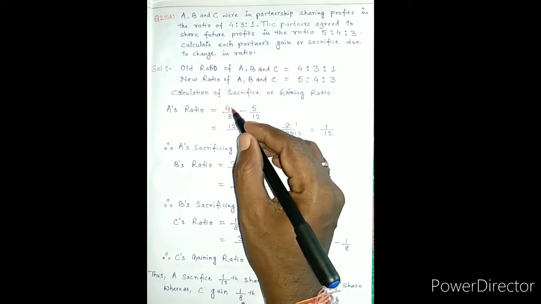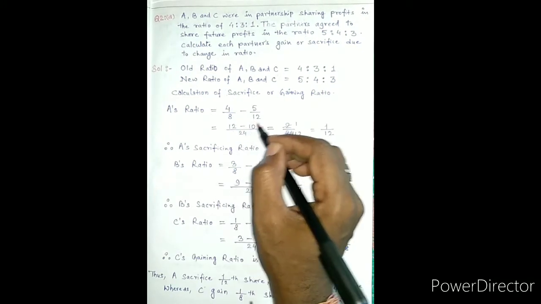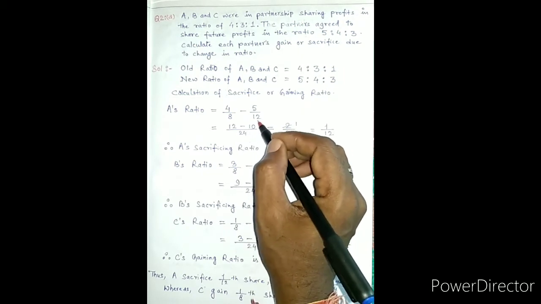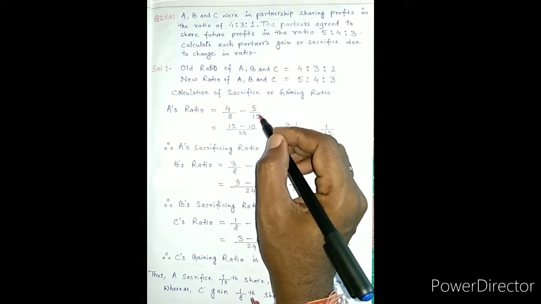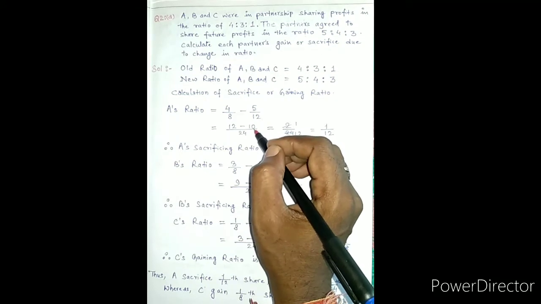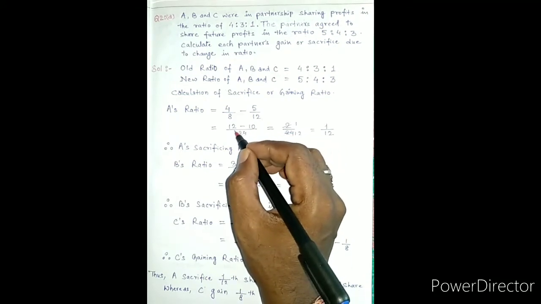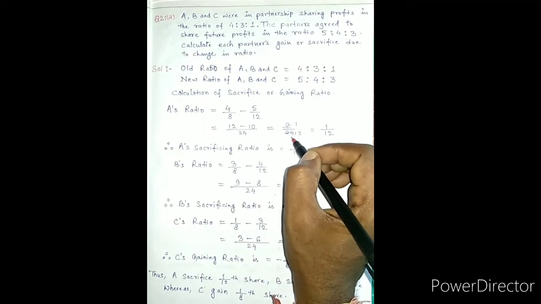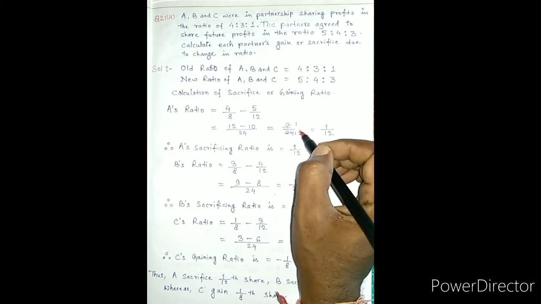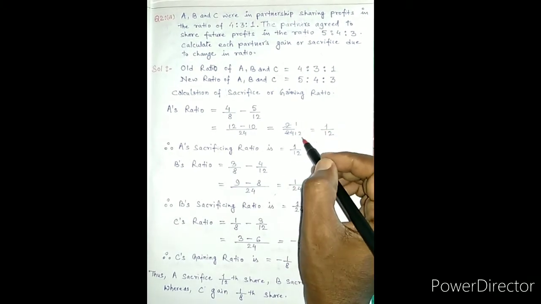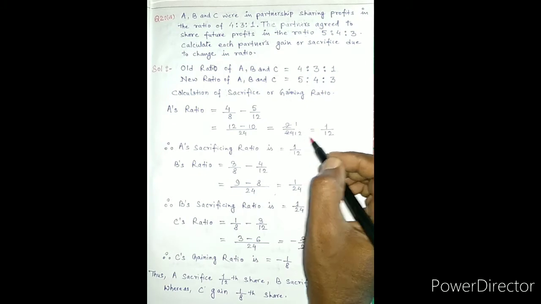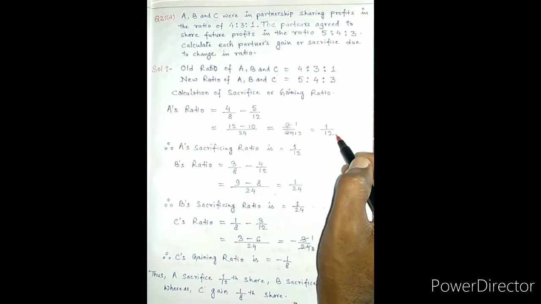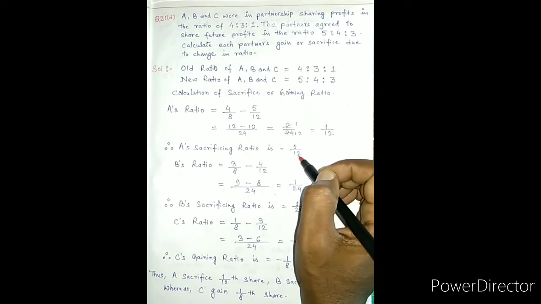Multiply 3 with 4, we get 12. Again divide 24 by 12, we get 2. 2 multiplied with 5, we get 10. So subtract 10 from 12, we get 2 by 24. Again divide this by 2, we get 1 by 12. So A's sacrificing ratio is 1 by 12.